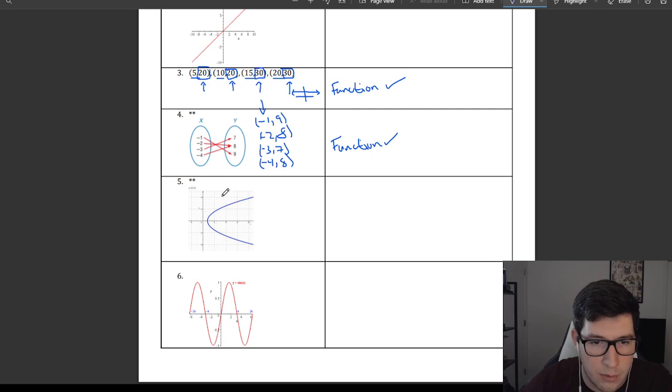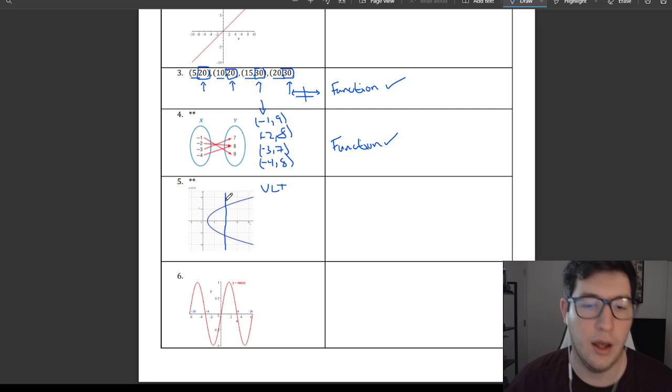And lastly, I want to look at number 5. Now, number 5 doesn't have a whole lot of numbers. The graph is clear and evident, but the scale is really small. It's difficult to see. So this is where that vertical line test is going to come in handy, right? Remember, that's the vertical line test, or our VLT. And what that says is that we want to take a vertical line, and you can draw it anywhere at all you want on this graph. I wouldn't draw it over here, because obviously you want to see where it's coming in contact with your actual line. But I'm going to go ahead and draw mine right about here. Not quite a vertical line, I know.